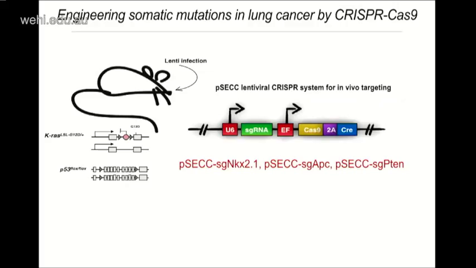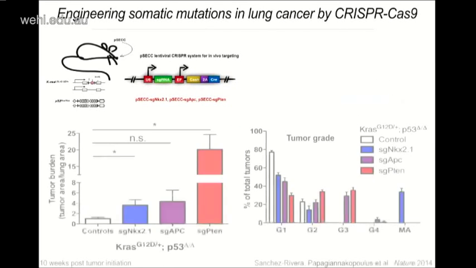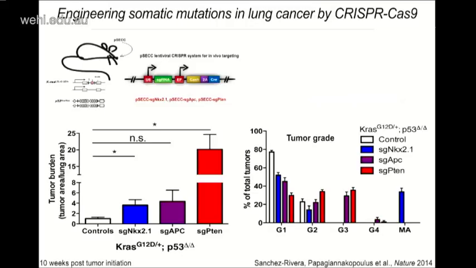And the question was, if we introduce this vector into animals, will it accelerate tumor development as a consequence of the mutation in the tumor cells of these tumor suppressor genes? And the answer, also recently published, was yes in all 3 cases.